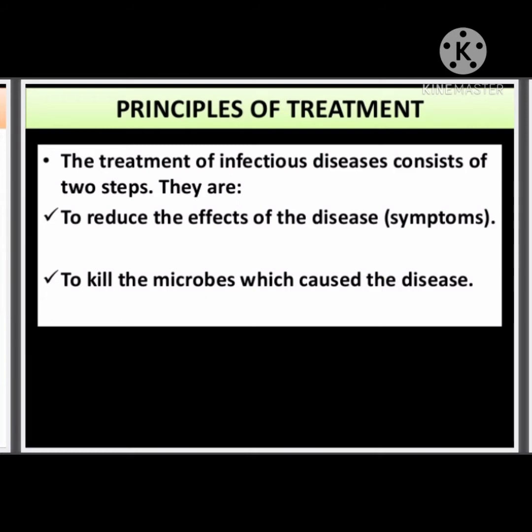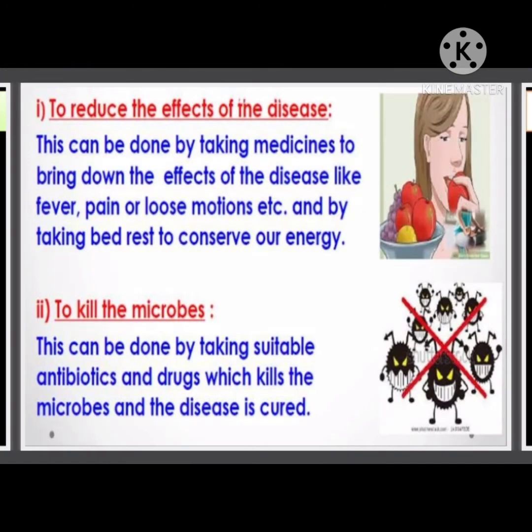It can be done by providing treatments like consuming medicines to bring down the temperature, or to reduce inflammation, etc. And if it is a pain-associated disease, we usually take painkillers and other first aid medicines to reduce the symptoms of the disease.